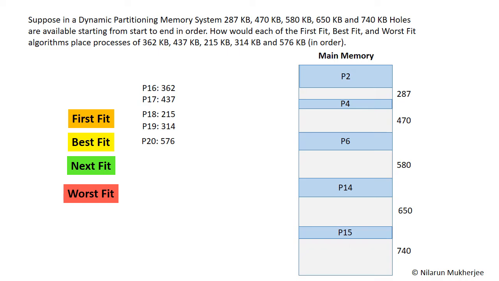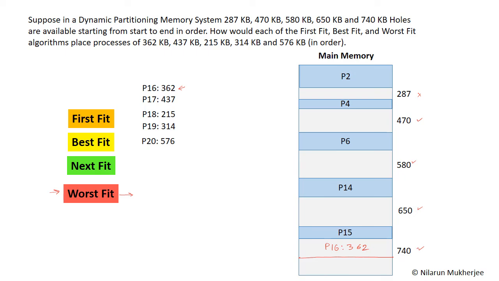Next, we are going to consider the worst fit. In the worst fit, when P16 comes, it will find that there is a hole. 362 is the process size, so this hole is not large enough, this hole is large enough, this hole is large enough, and this hole is large enough. But the largest hole among them is 740, so it will allocate P16 here.